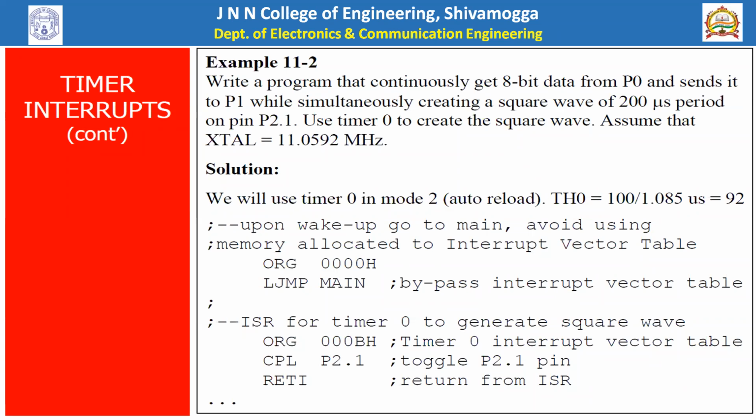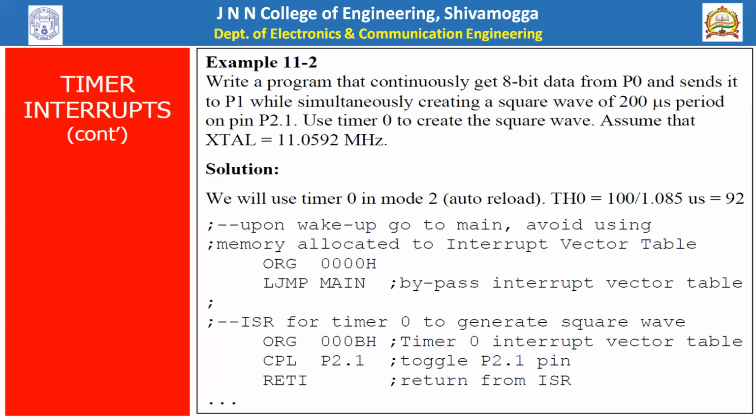In the interrupt service subroutine, you are continuously complementing the data present on P2.1. If P2.1 is initially 0, after 100 microseconds it becomes 1. Once again, after 100 microseconds, it becomes 0. Like that, 0, 1, 0, 1, it will continuously be generated so that it looks like a square wave.